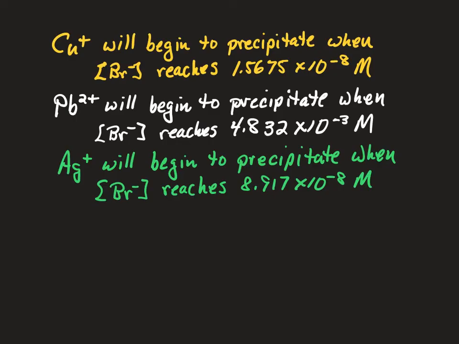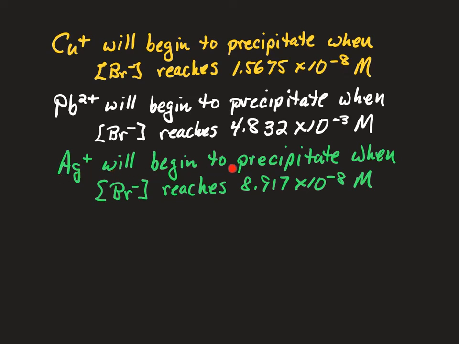If we gather our results together, we found that copper ions will begin to precipitate when the bromide ion concentration reaches about 1.57 times 10 to the minus 8th molar. Lead ions will begin to precipitate when the bromide ion concentration reaches about 4.8 times 10 to the minus 3 molar, much higher than that.